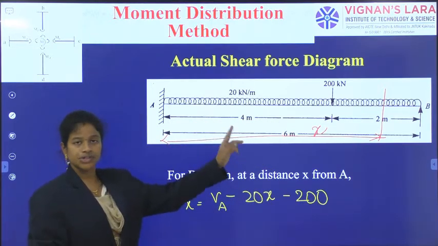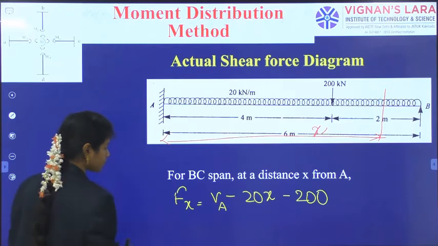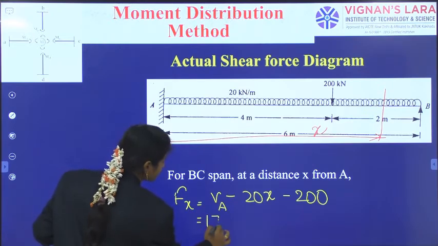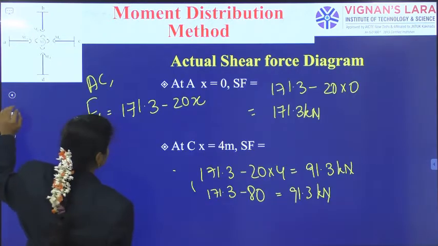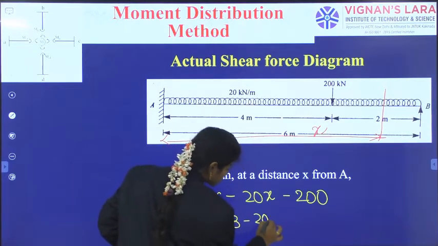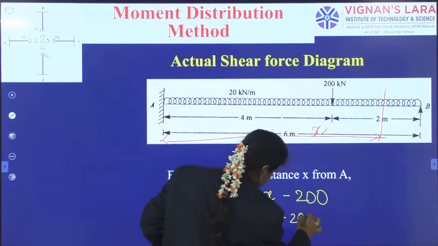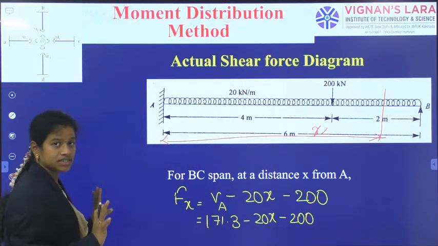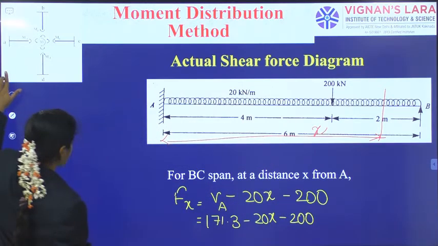Up to that position, what are the loads involved? That is what I have written. Okay, Va is 171.3 minus 20x minus 200, as it is after crossing the C point load.